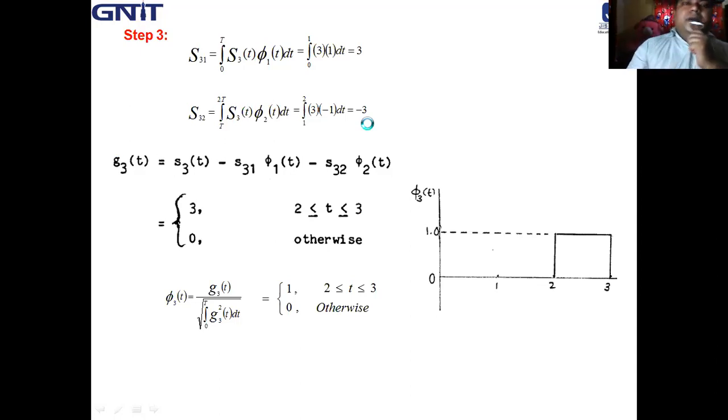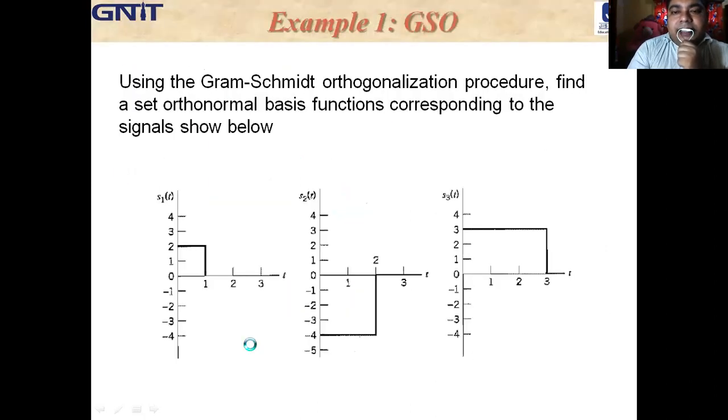So first we determine S31 using the formula that S31 is equal to the integration from 0 to t of S3(t) phi 1(t) dt. Now S3(t) has an amplitude of 3 and it exists for 0 to 3.